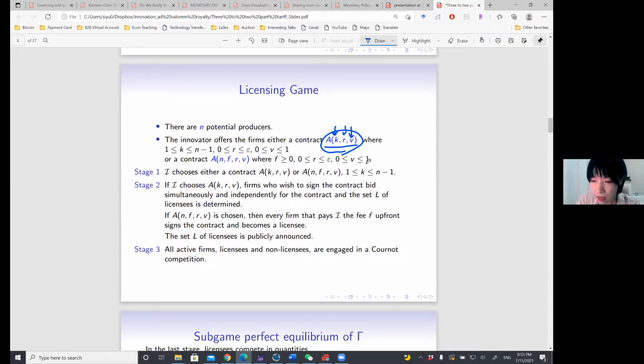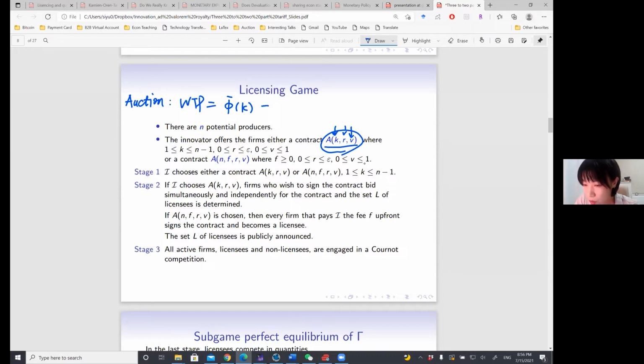First is the auction. In an auction, the innovator can actually extract more revenue from each licensee. Now let me show why. The willingness to pay for a license is determined as follows. Let's denote by fee upper bar the profit of a licensee with K licensees in this downstream market. This is how much he makes if he's a licensee. Now suppose this licensee wants to deviate to be a non-licensee.